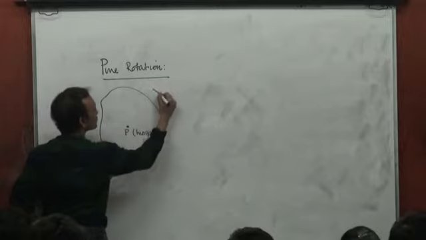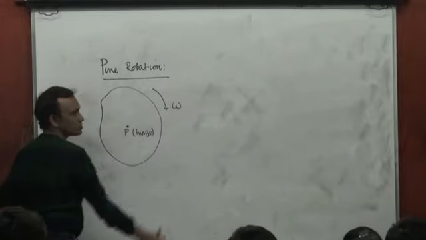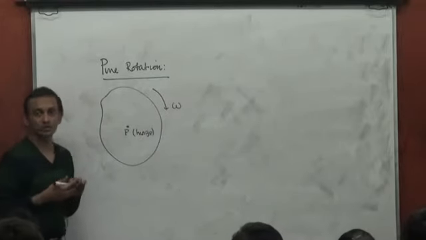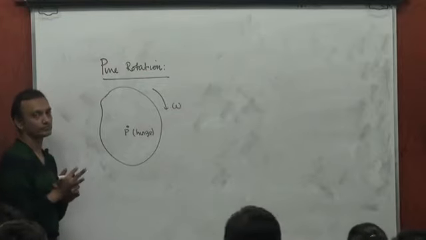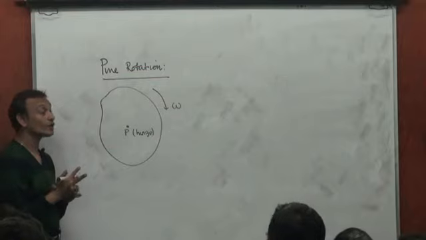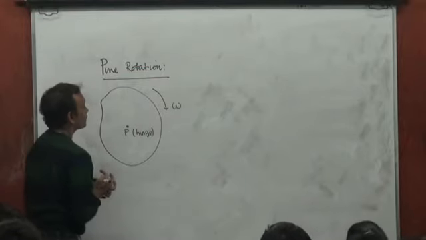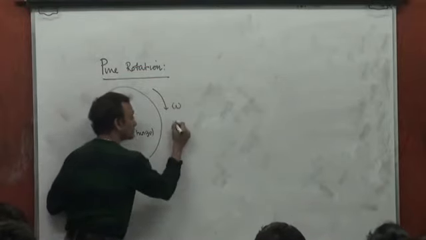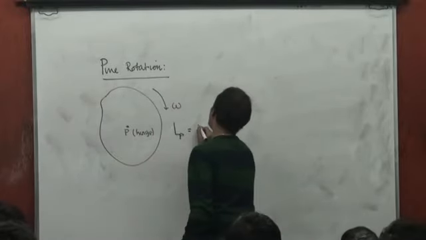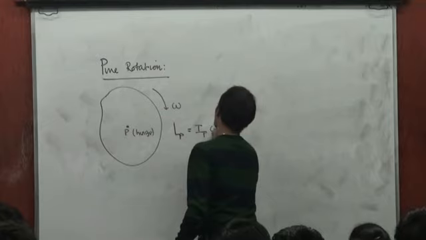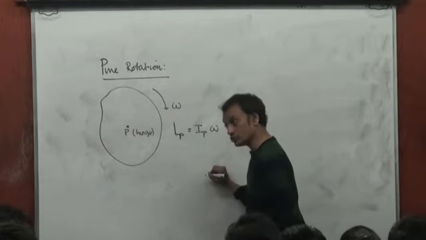This body is in a state of pure rotation with angular velocity omega. The angular momentum about P in pure rotation would be what? In pure rotation, it's going to be I about P into omega. That's angular momentum about P.